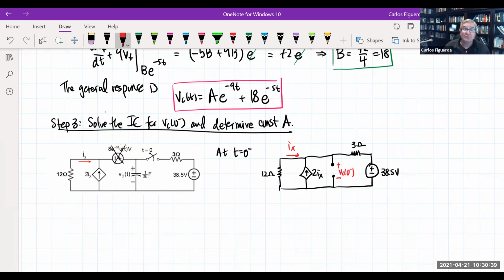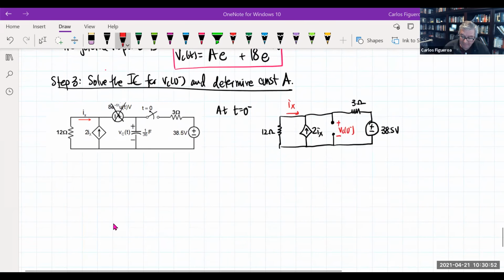Okay, so let's go look at this. The first thing that I have to do here is that there's lots of ways that you can do this. I think the fastest way is that I would probably consider doing a source transformation.